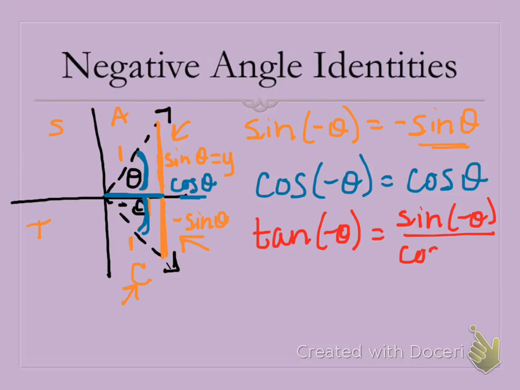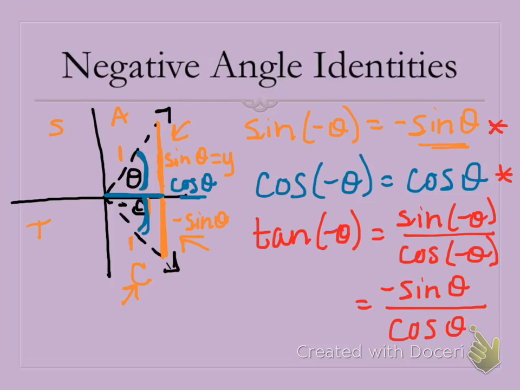So we can set this up and say, okay, what happens if I take the sine of the negative angle over the cosine of the negative angle? When I take the sine of the negative angle, we end up with the negative sine of whatever the positive angle would have been. And when I take the cosine of the negative angle, we end up with just cosine of the angle. So I end up with a negative over a positive, which will give me a negative tangent of theta.